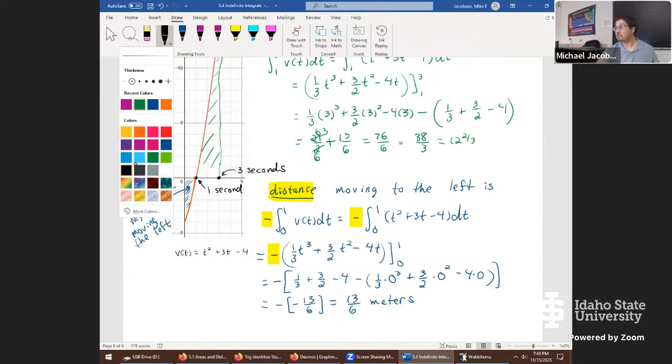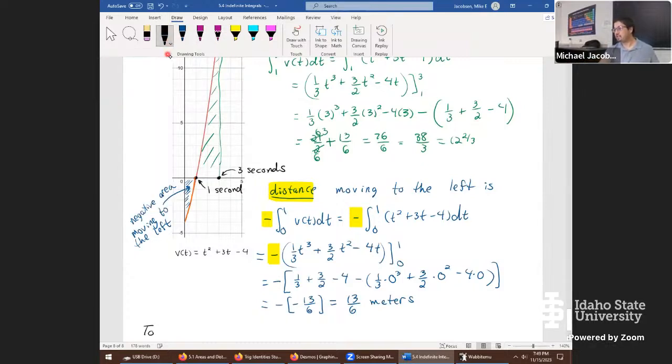And our final answer on this is total distance is now, just for the way the distance moving to the left ended up, let's grab this 76/6, just because the denominators are compatible, no other reason. Add to that the 13/6.